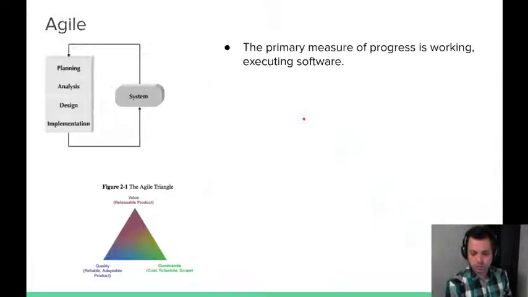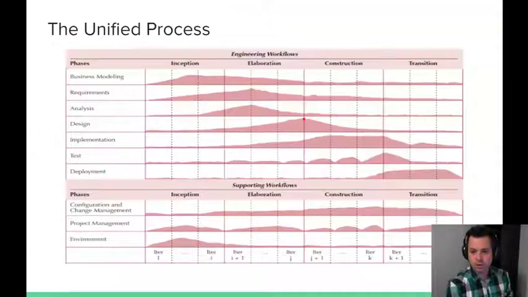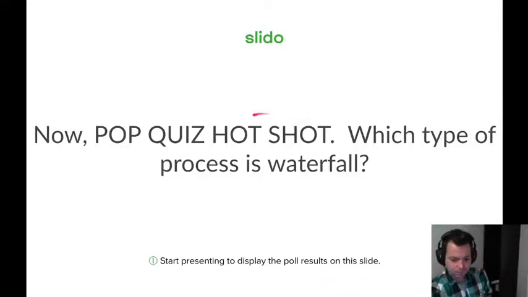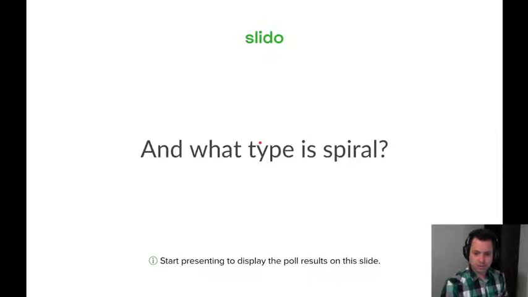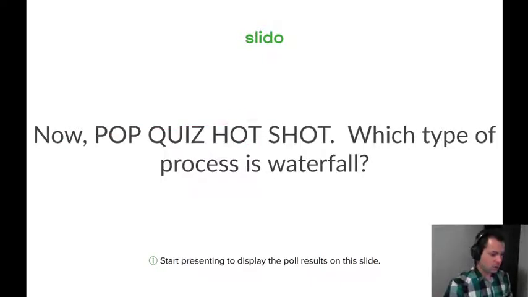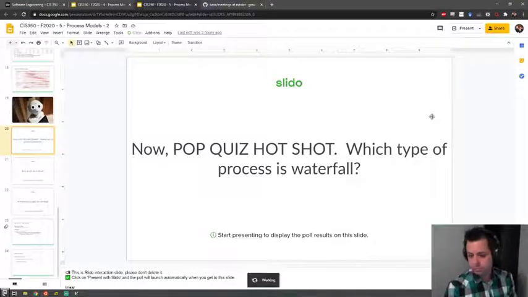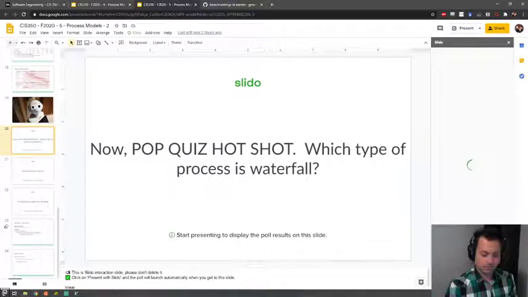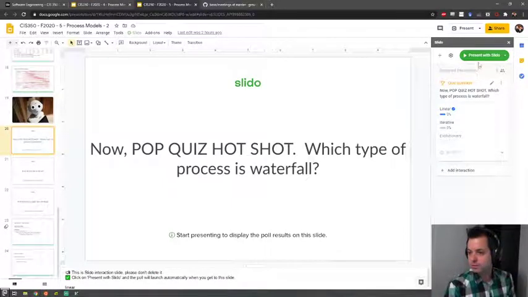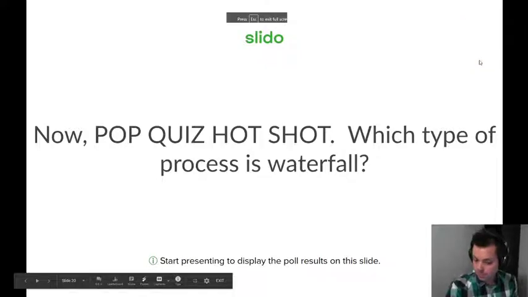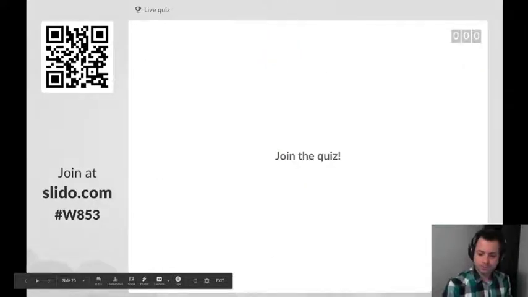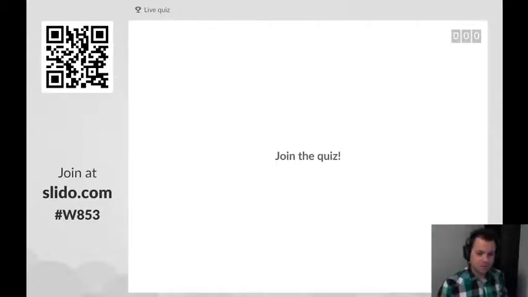Alrighty, so let's do a little bit of Slido interactions to make sure that you're all paying attention here. Start presenting to display the poll results. Why are we not showing the slide? I'm willing to bet I got signed out of Slido. Working, working, working. I guess while this is getting up and running. Okay, there we go. Join the quiz. Let's make sure this is working. So the question is, what type of process is waterfall? Just want to make sure this is working.